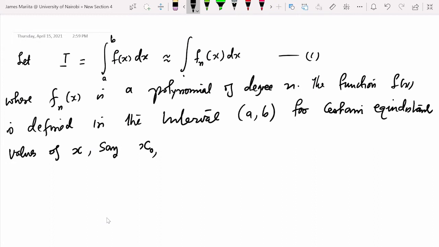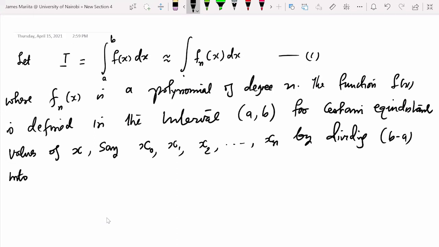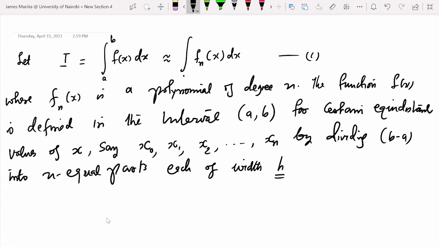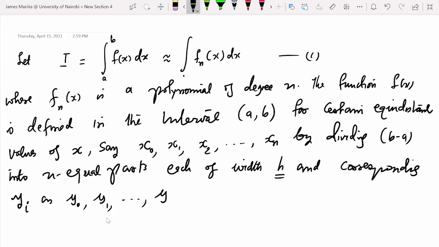Say we have x0, x1, x2, all the way to xn, by dividing b minus a into n equal parts, each of width h, and of course the corresponding y's, the yi's, as y0, y1, all the way to yn.